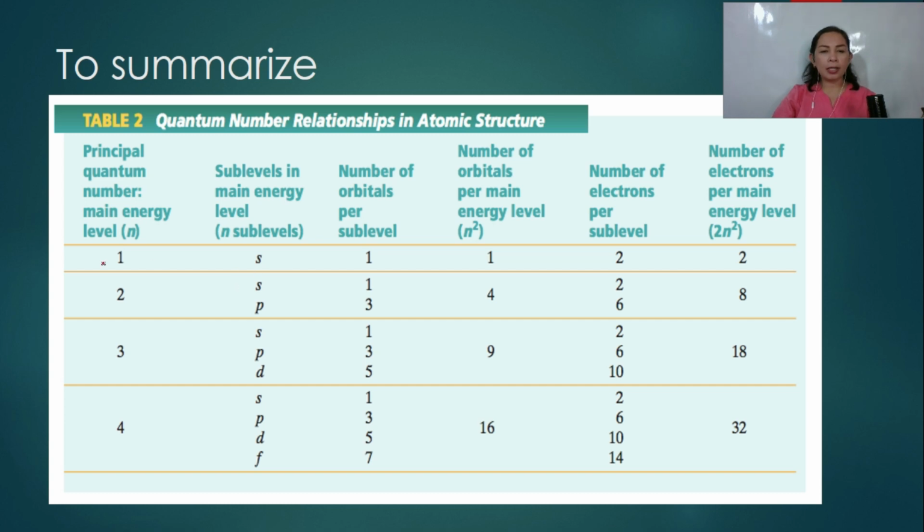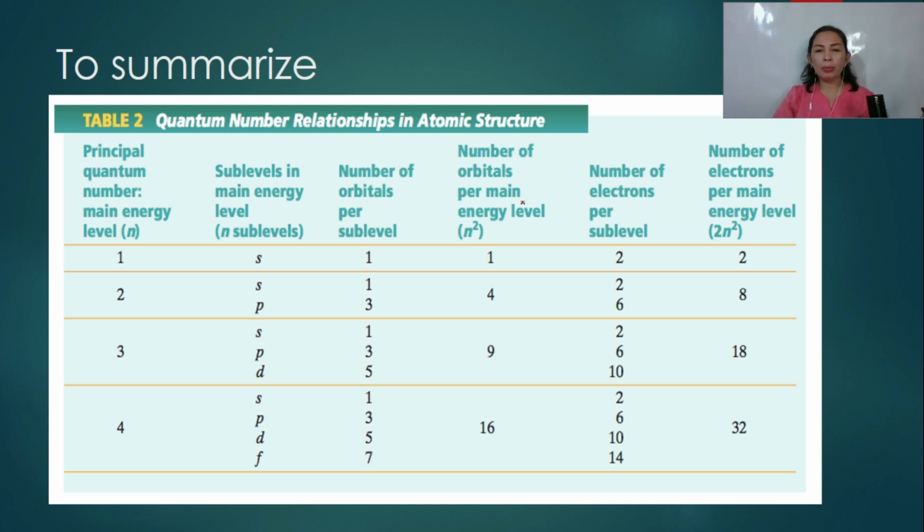And these are the sublevels. Energy level 1 has the s sublevel, number of orbitals 1. The second has 1s and 3p. The third energy level has s, p, d: 1s, 3p, and 5d orbitals. And the fourth energy level has s, p, d, f: 1s orbital, 3p orbitals, 5d orbitals, and 7f orbitals.